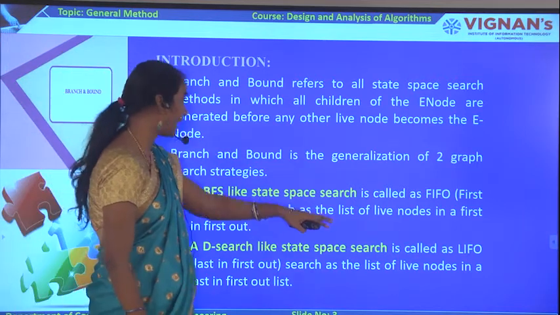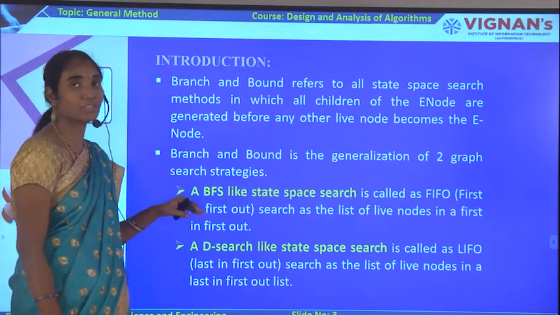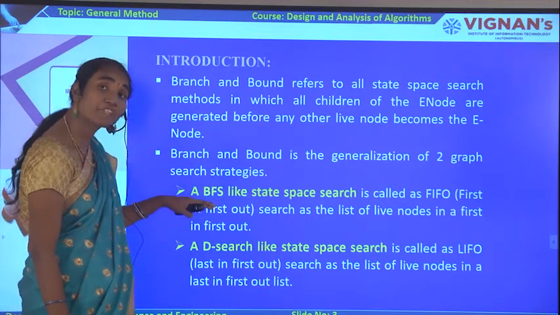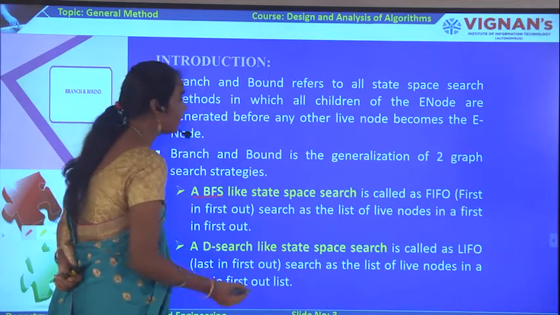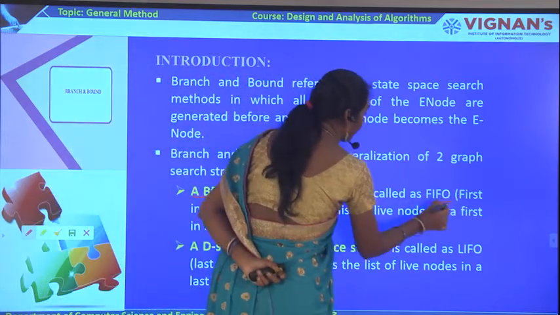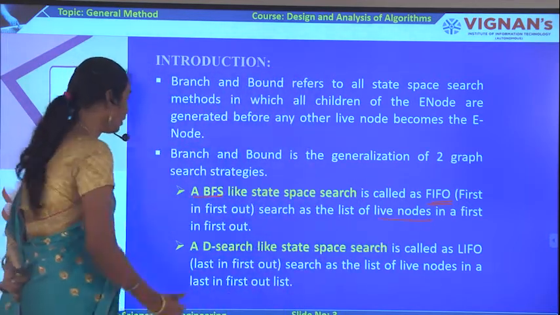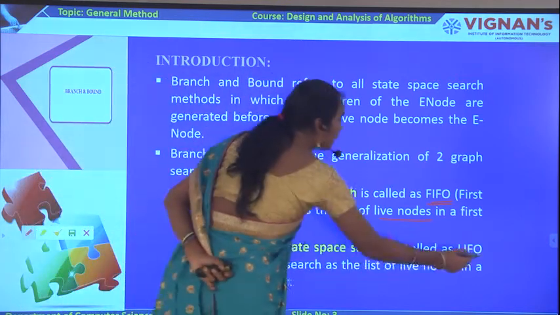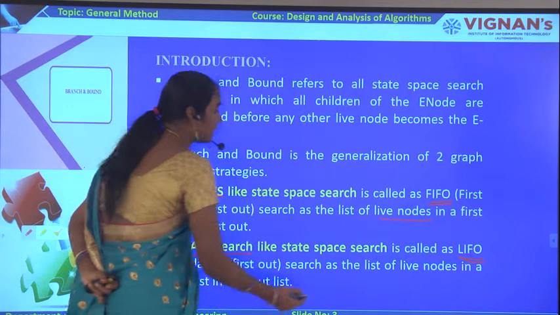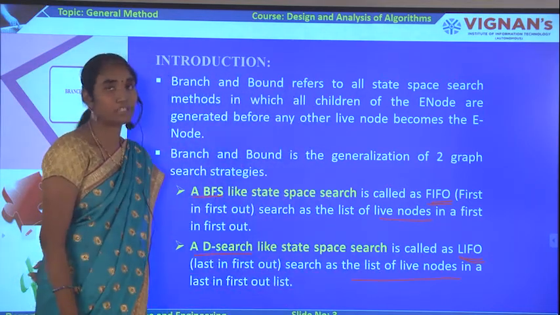For BFS-like state space search, the list of live nodes is kept in first in first out order. Whereas D-search follows LIFO, where the list of live nodes is in last in first out order.